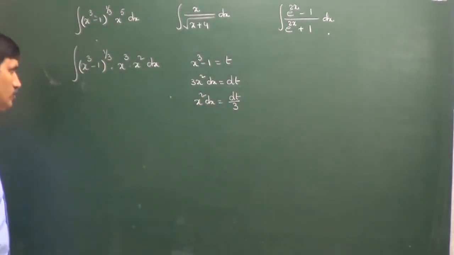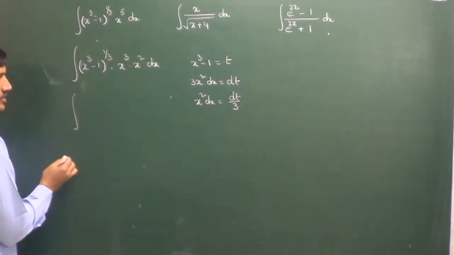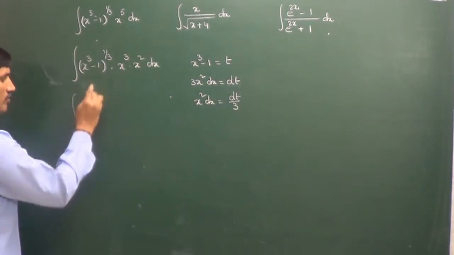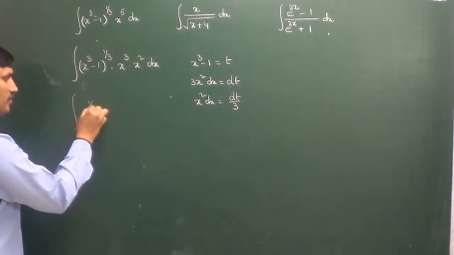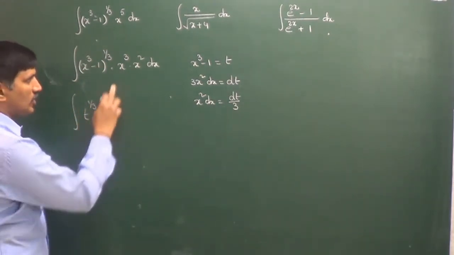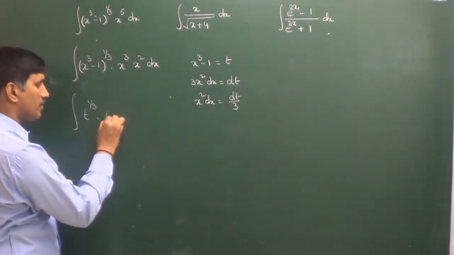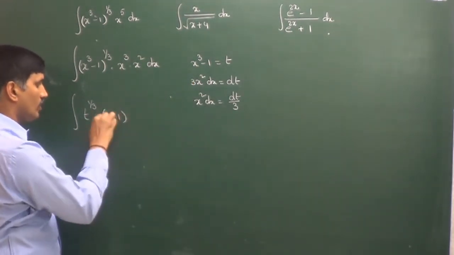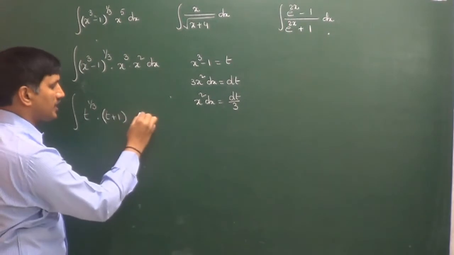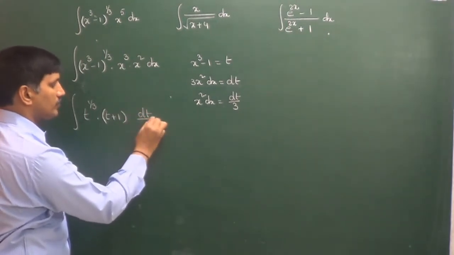Now, because of this substitution, how does this integral change? In place of x cube minus 1, we write t, so t power 1 by 3. In place of x cube, we write t plus 1. In place of x square dx, we write dt by 3.